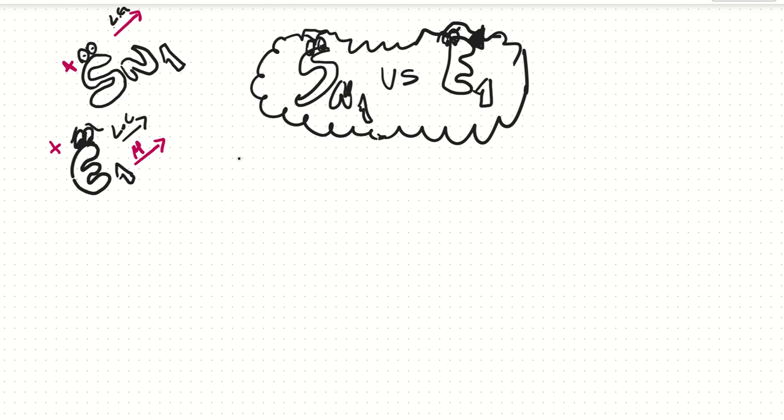First thing, with a tertiary carbon, 1, 2, 3 here, this is a tertiary carbon.